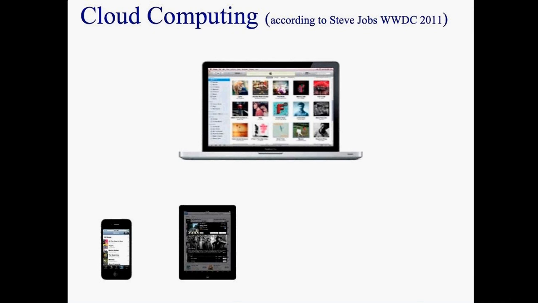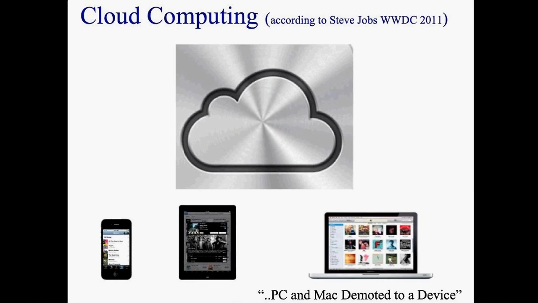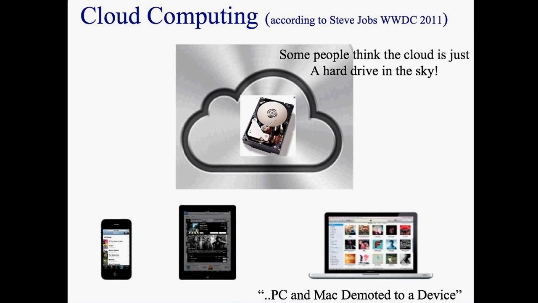What Steve pointed out was, this is no longer true. Your PC or your Mac are now just typical little devices. You don't typically do any more computation on your desktop devices. All your work will be done in the cloud.